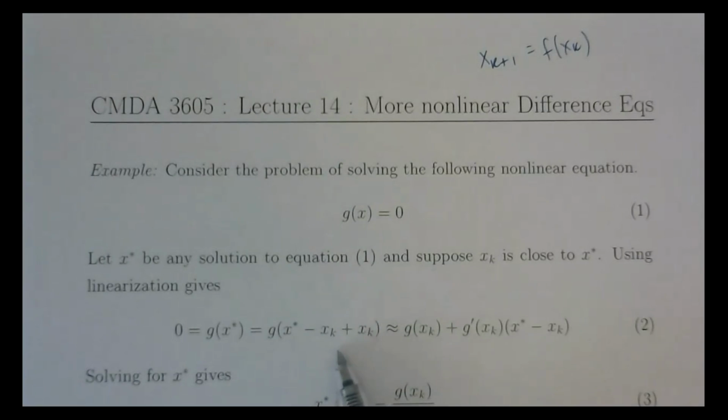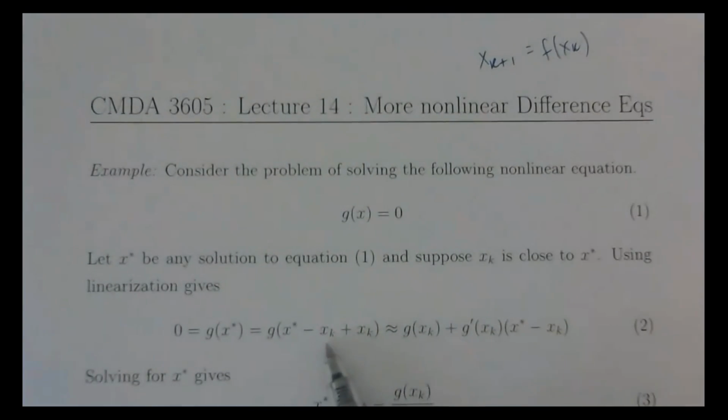Well, I can think of this like a Taylor expansion, right? Where I have it around some number, so around, for example, my xk. And x of k, if it gets close to x star, is going to be somewhat small, right? And so this would be like g of xk plus the derivative of g at xk times x star minus xk, and so on. So this is just a first order Taylor expansion or a linearization.